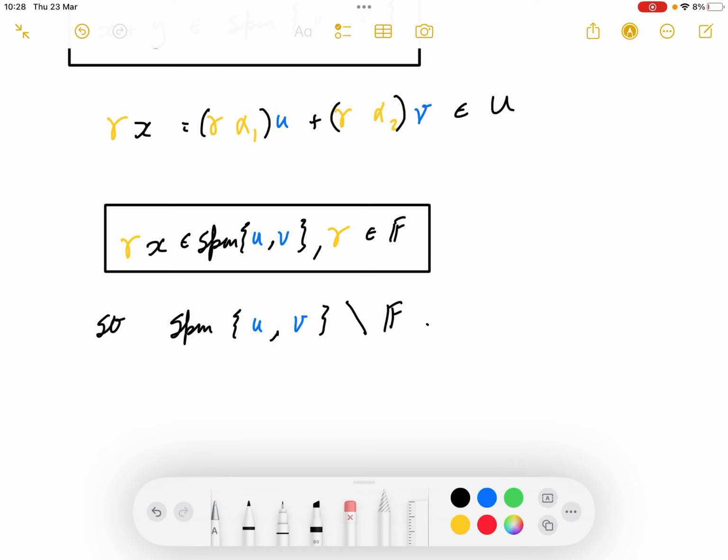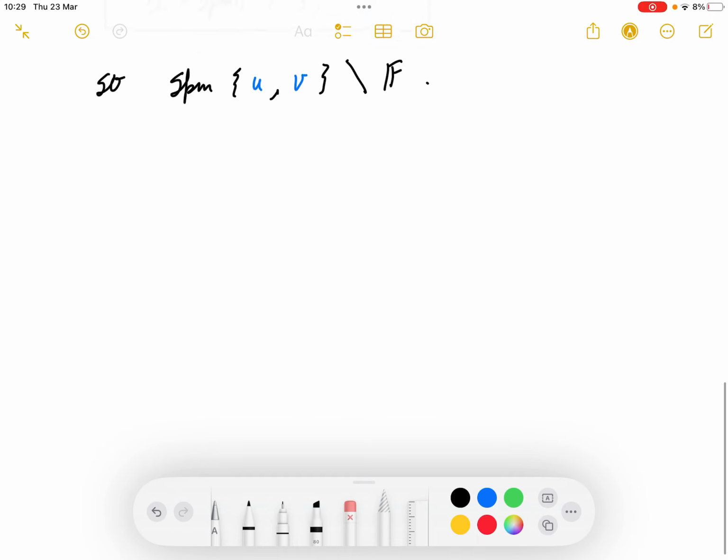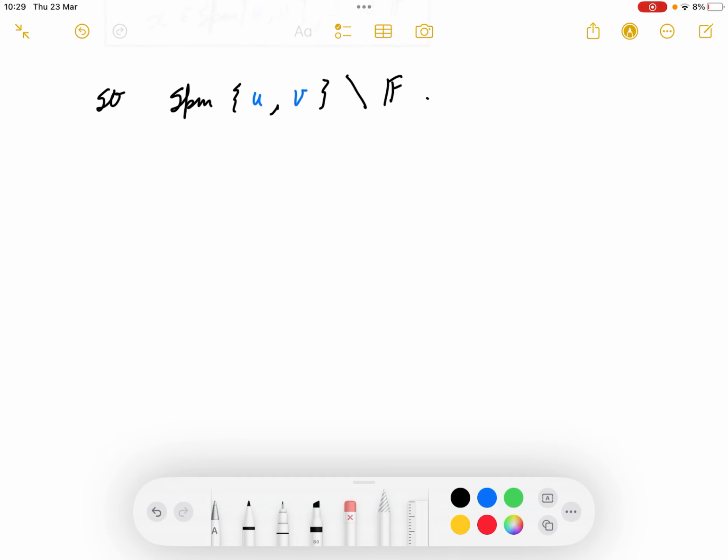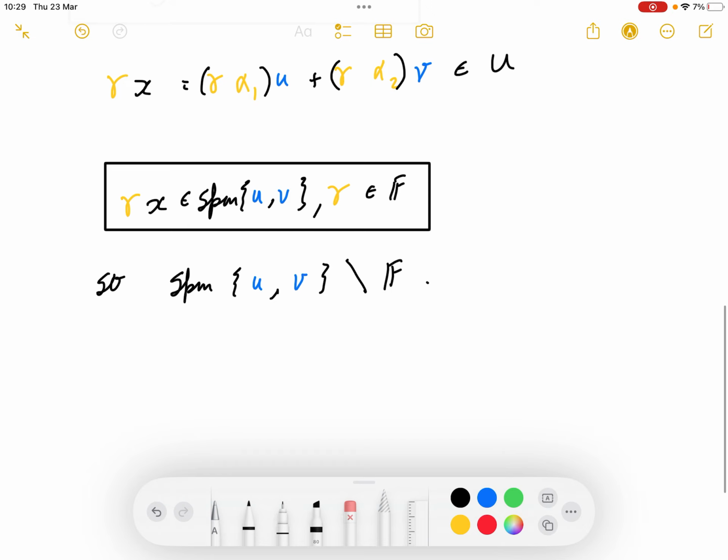The span also turns out to be the smallest subspace containing U and V. Any subspace containing U and V should have every combination of them, and so if a subspace contains U and V, then it contains the span of U and V. I think you've kind of understood, and writing it down will just make it more complicated. So that's it for this video, and thanks for watching.